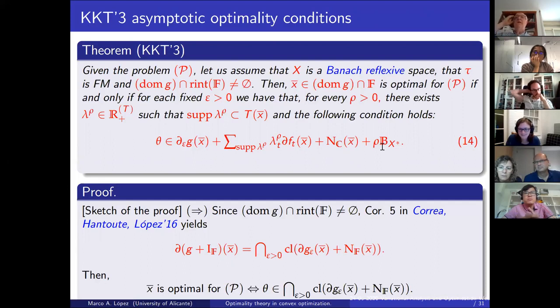And if you keep that epsilon in the epsilon subdifferential and you increase the epsilon, which is the radius of the ball, then still you are increasing. So if it is satisfied with epsilon epsilon, it is satisfied with epsilon rho, even if they are different. I think, I'm not sure.